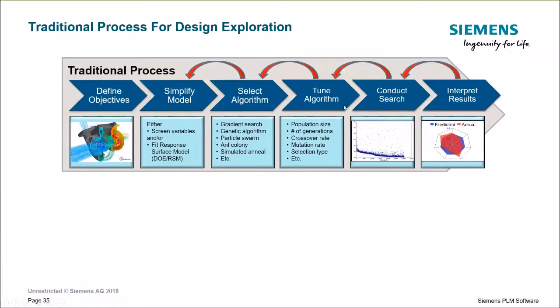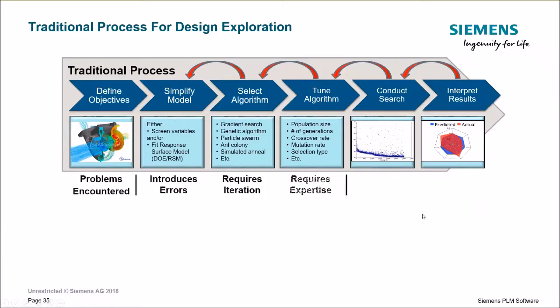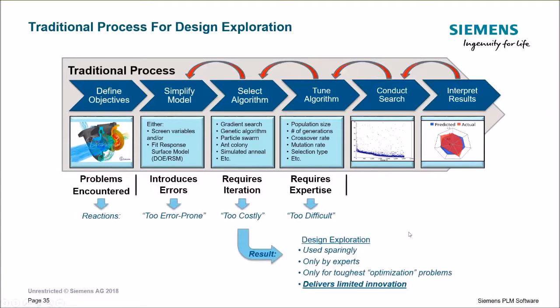You need to tune this algorithm, do the job of looking out for sensitivities and so on, conduct research, and interpret the results on your own. And this process is difficult. It requires many iterations, a lot of expertise. It's error-prone, and it's the way you would try to climb the mountain without help, let's say.